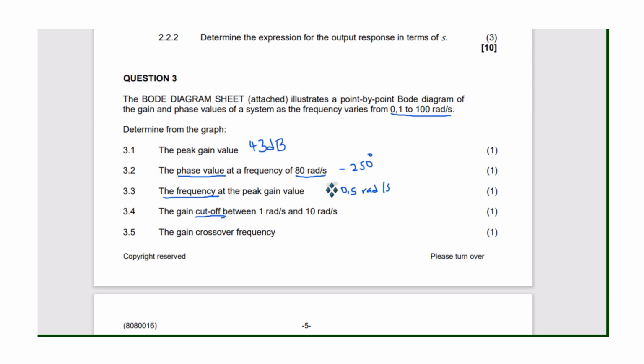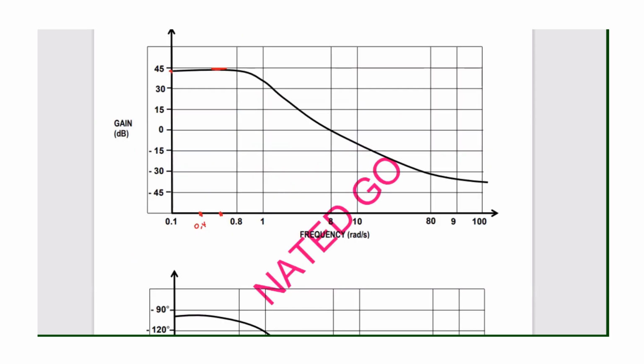Gain cut off. Guys, remember cut off, I said it's slope. Final minus initial. And they don't want all the cut-offs this time. They said between 1 and 10. So we are going to gain between 1, which is here. If we check that value, remember this is 45. We can divide 45 into 35 and 40.